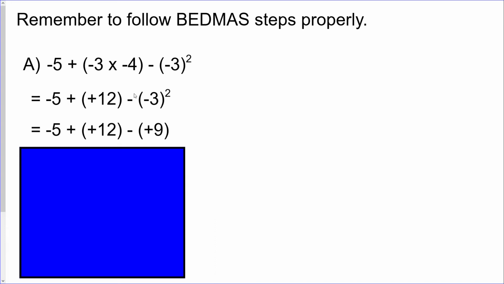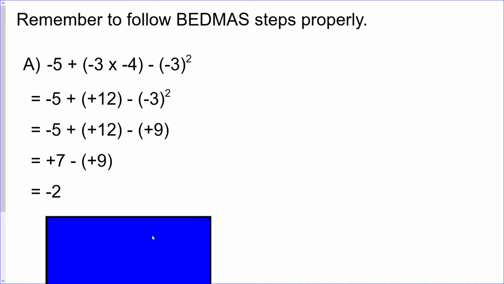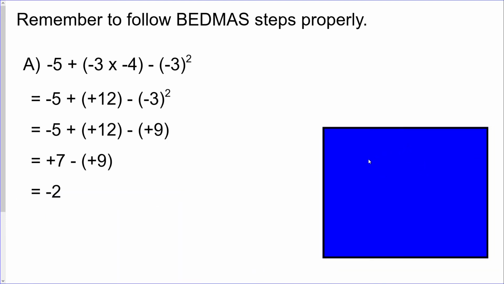That does not get involved with that exponent. So negative 3 times negative 3 gets positive 9. Then you just do a little bit of integer addition and subtraction using whichever method you like best based on what we've done the past week or week and a half. So negative 5 plus positive 12 is positive 7, and then subtract positive 9 ends up at negative 2.